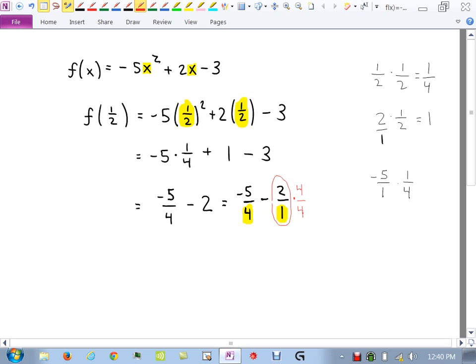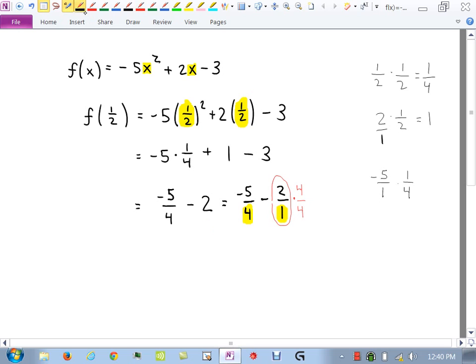Why am I allowed to multiply by 4 over 4? What is 4 divided by 4? 1. What is anything times 1? Whatever it was. So I'm not actually changing the number, I'm just changing the way it looks, so it has the same denominator as the fraction I'm combining it with.